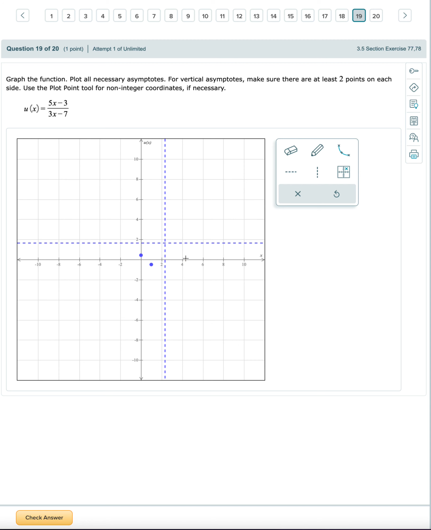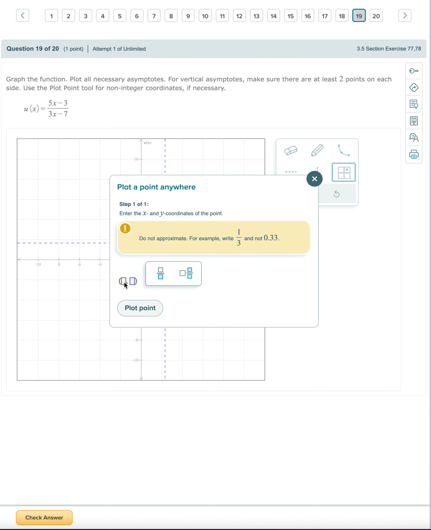So when x is 3, we have 12 over 2, which is 6. And when x is 4, we get 17 divided by 5. So 17/5. Hopefully I've done those correctly. I kind of did those quickly. I did not use a calculator, so I may have an error there.